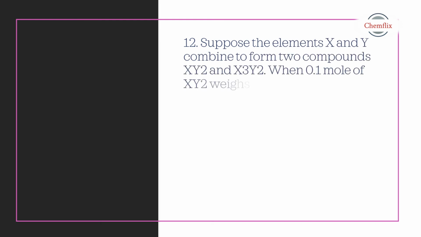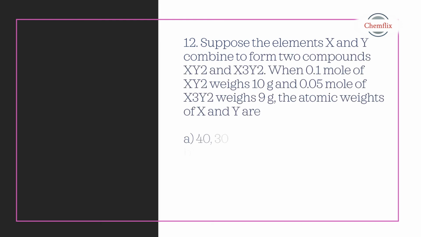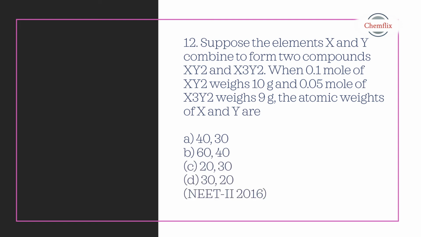Now moving to question number 12. Suppose the elements X and Y combine to form two compounds XY2 and X3Y2. When 0.1 mole of XY2 weighs 10 gram and 0.05 mole of X3Y2 weighs 9 gram, you have to find out the atomic weights of X and Y. Suppose the atomic weight of X is equal to small x, and the atomic weight of Y is equal to small y.